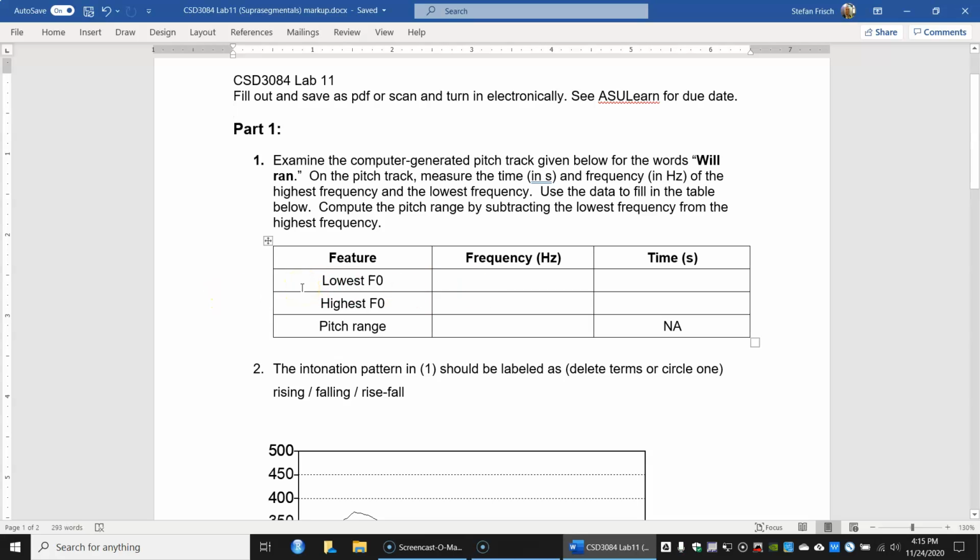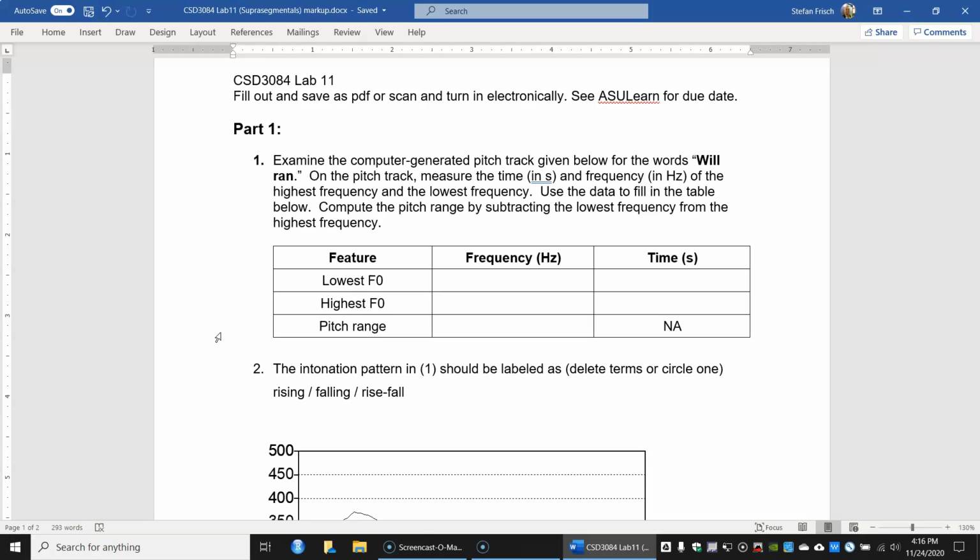Alright, so for this lab, we're going to look at some of the speech science measures of stress and prosody. Those include frequency, that's covered in this first part, as well as duration and intensity that are covered in the next part.